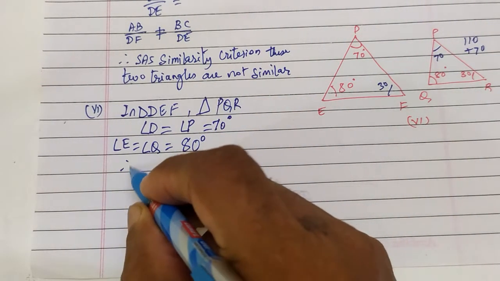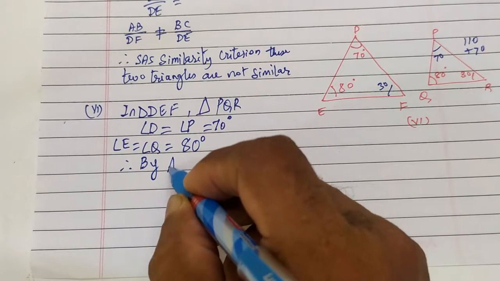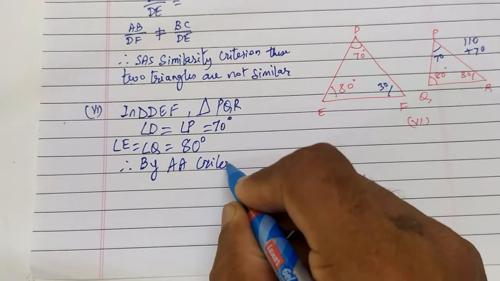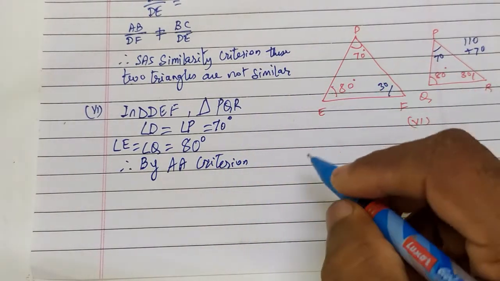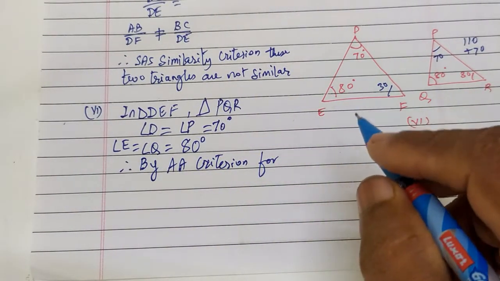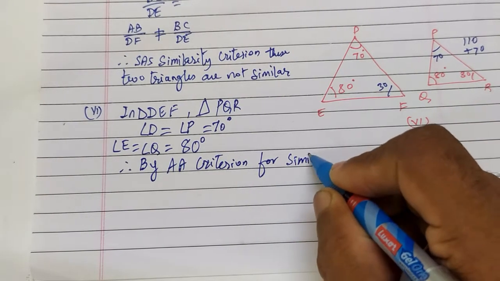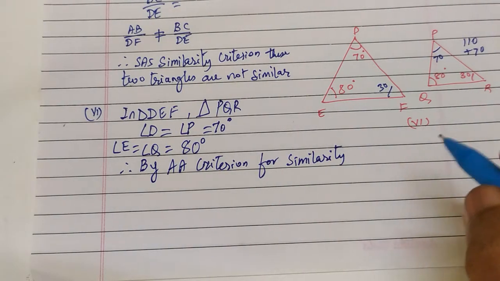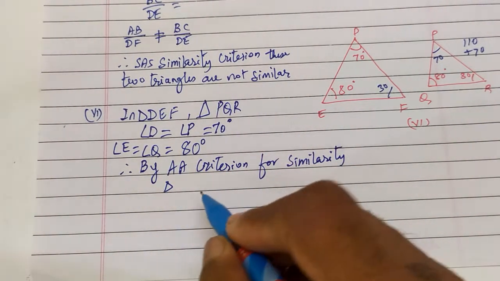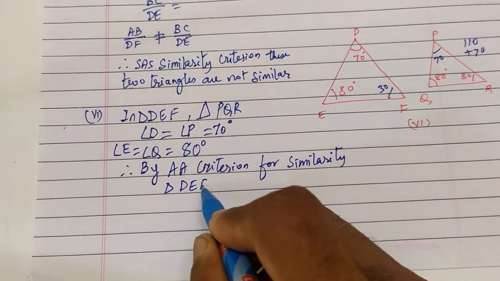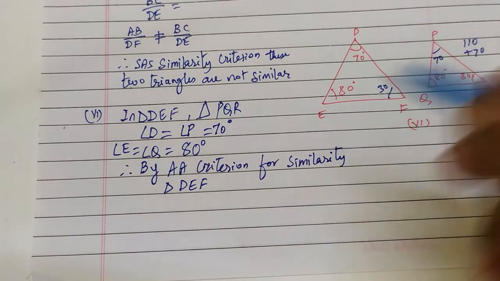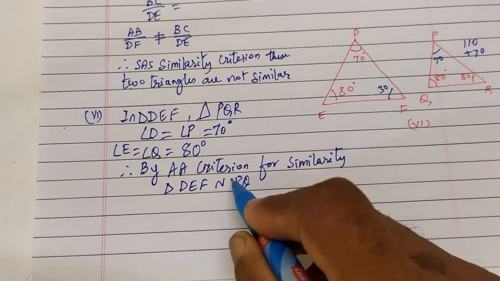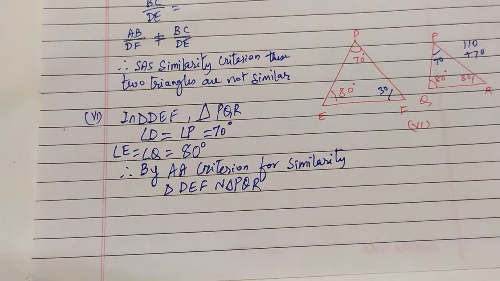Therefore by AA angle criterion for similarity, triangle DEF is similar to triangle PQR.